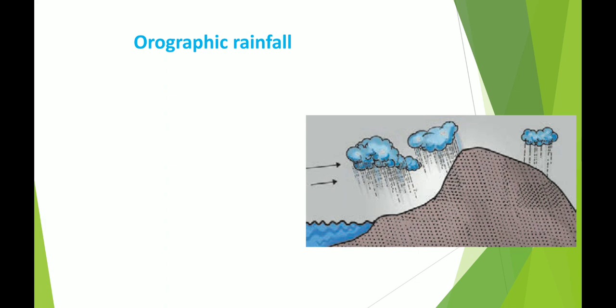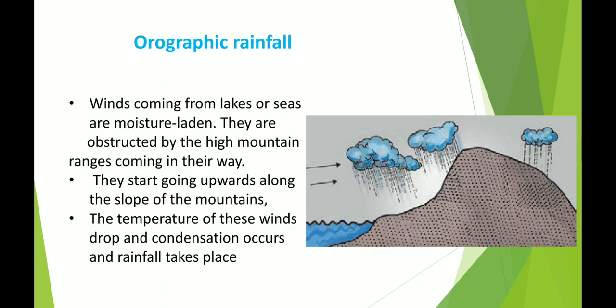You can see the mountainous region here, and they start going upward along the slope of the mountains. So the temperature of these winds drops, condensation occurs and rainfall takes place. This type of rainfall is known as orographic rainfall.